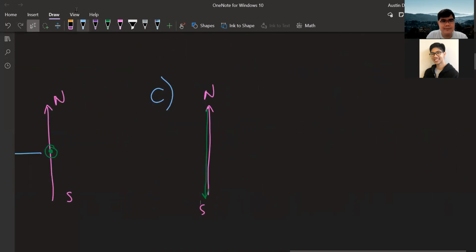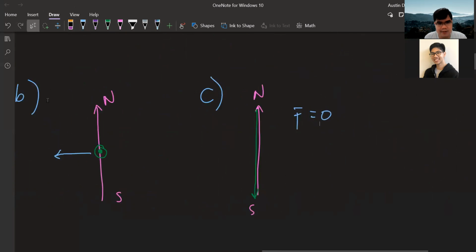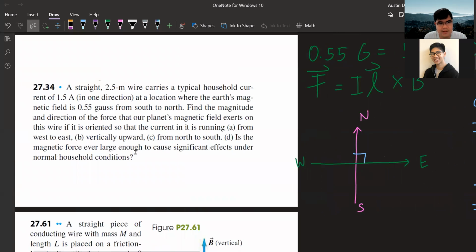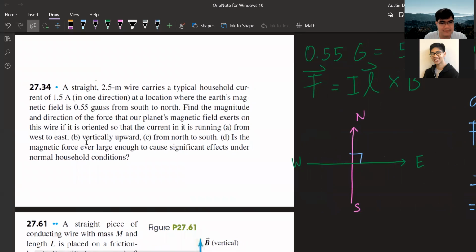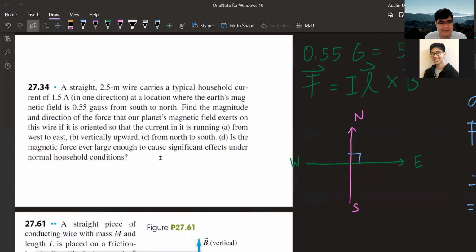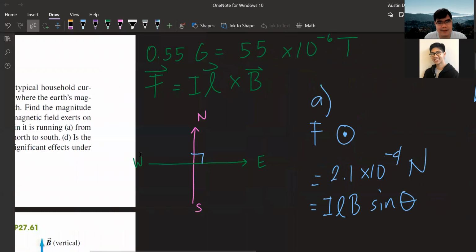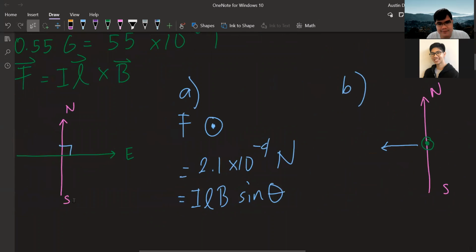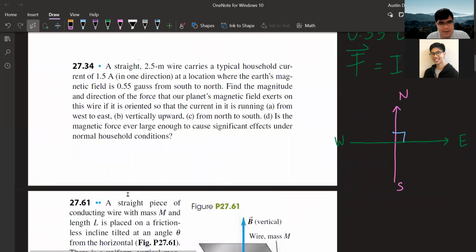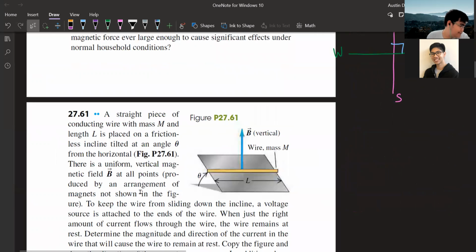So zero. Then D is malaki ba yung magnetic force para magkaroon ng significant effects sa mga bahay-bahay natin. Napansin nyo naman, wala pang 1 Newton yung force niya. So wala siyang significant effect to us. Okay, so that we're done with that.